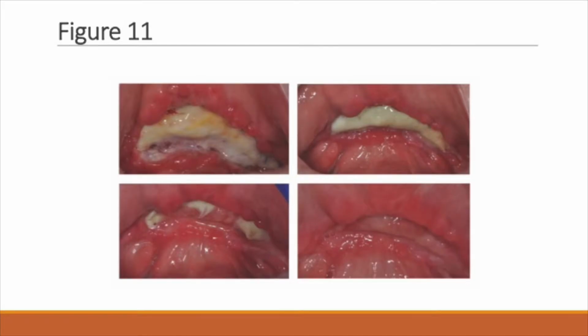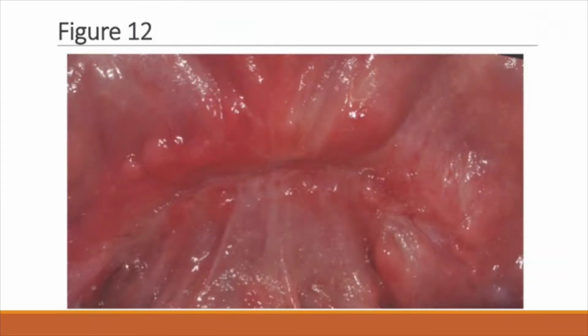And lower right shows complete closure of dehiscence with new visible soft tissue formation. Finally, Figure 12 shows a stable wound bed at post-op day 60.